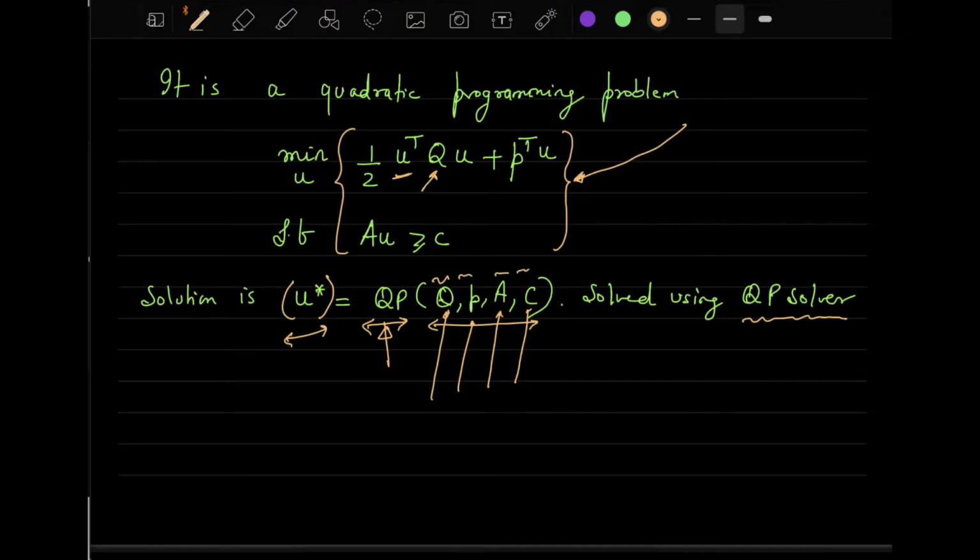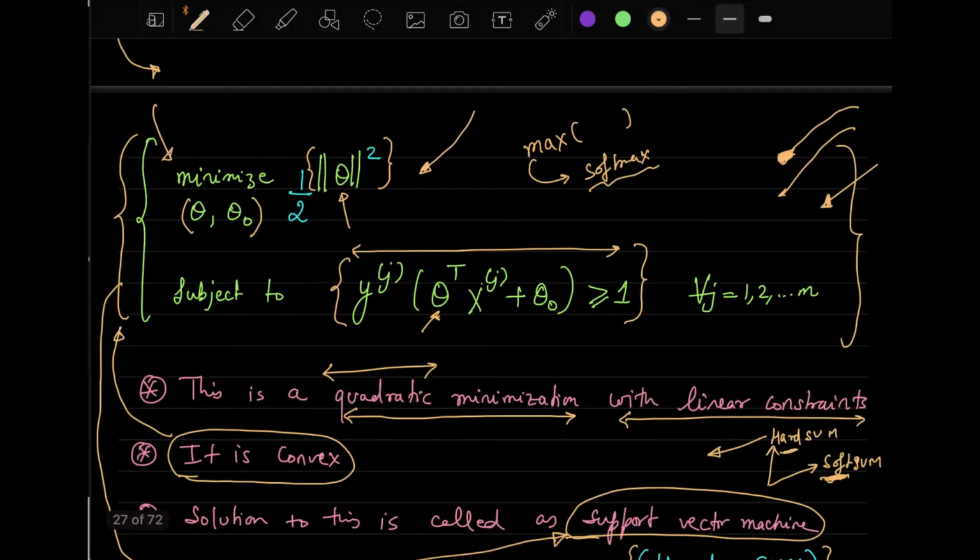Whatever you get after solving with this quadratic problem solver will be u star, and this answer is the support vector machine answer. Okay, so this is the high level overview of how you will do it, but let's solve the problem given over here and see what kind of intuitions we can get when we solve this type of problem.